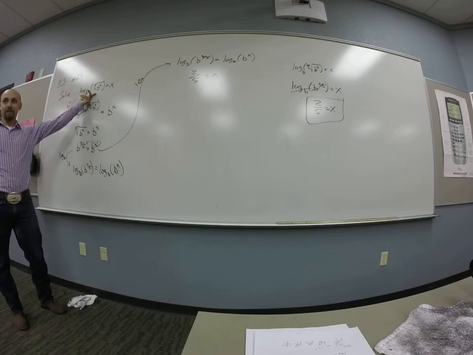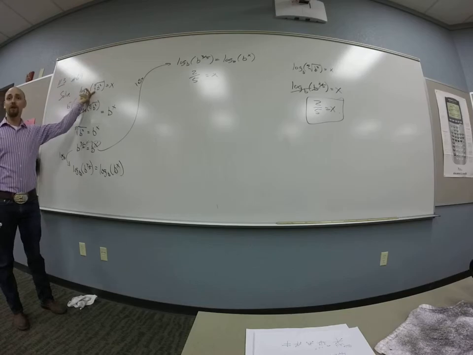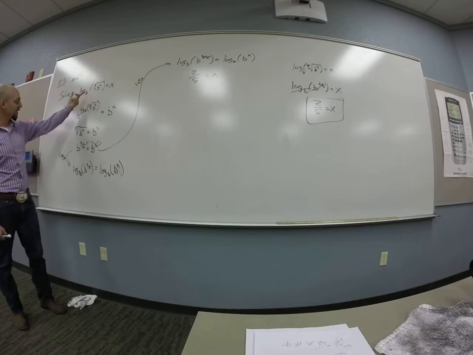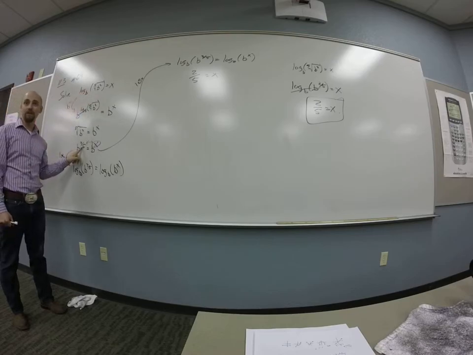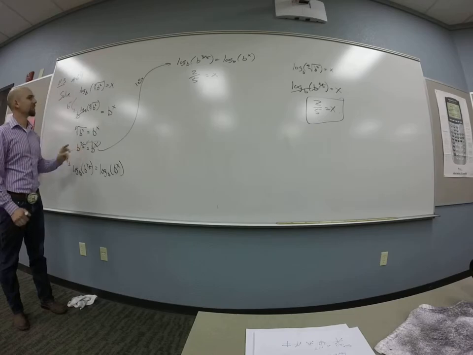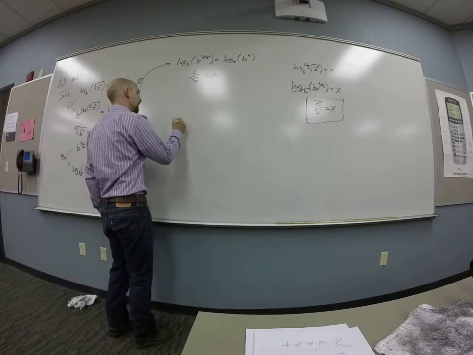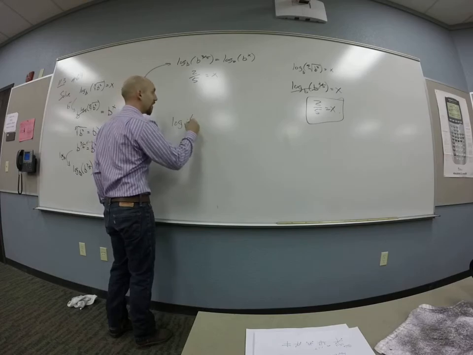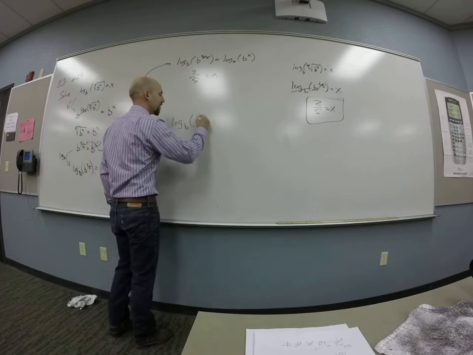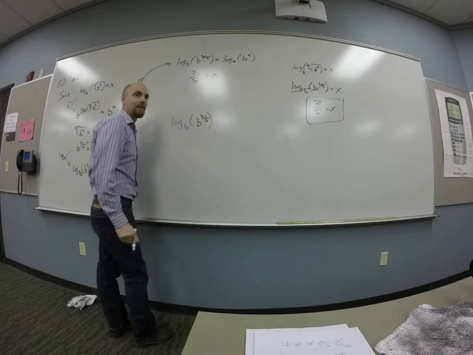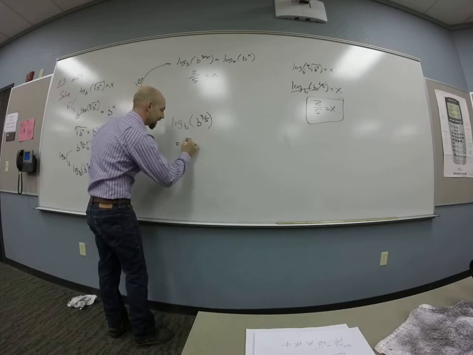It can be a function of b. Yeah, we could write it as a function of b, in which case it really simplifies to b to the 2/5 power, right? Oh, wait, no it doesn't. So it's log base b of b to the 2/5 power, right? Which is the same thing as 2/5.